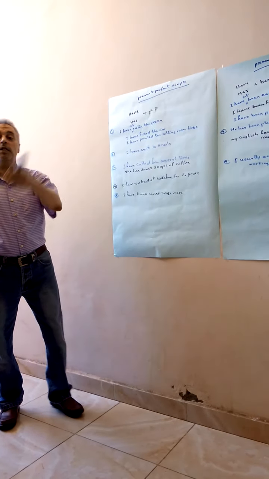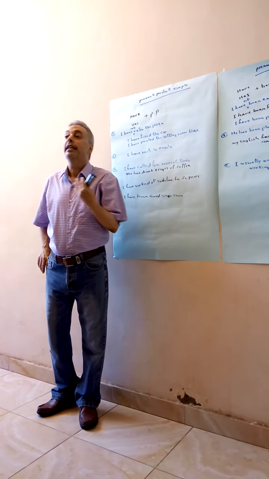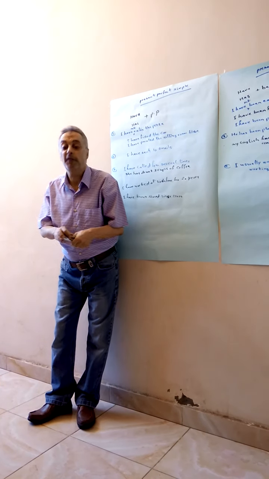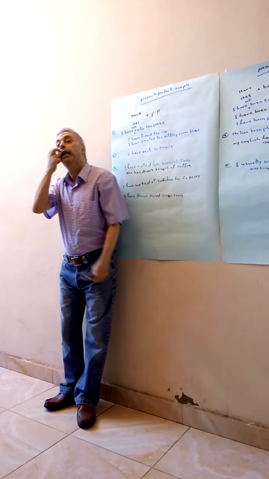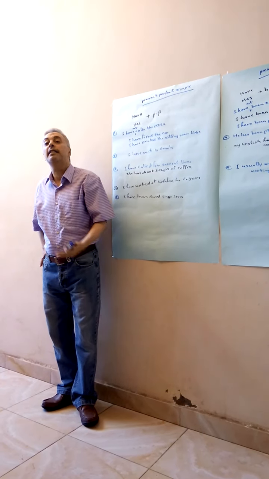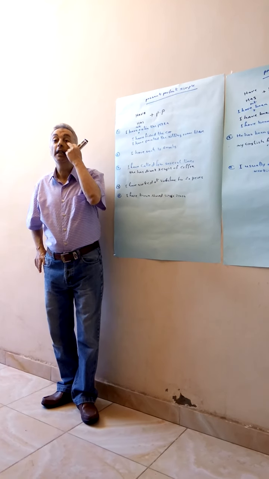Let's recap. Present perfect simple is used when we want to describe a completed action and we are focusing on the finished results. Present perfect progressive is used when we want to focus on the unfinished activity, focusing on the continuity of the action.